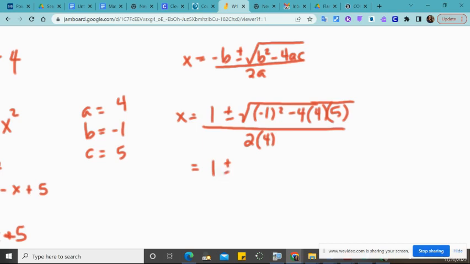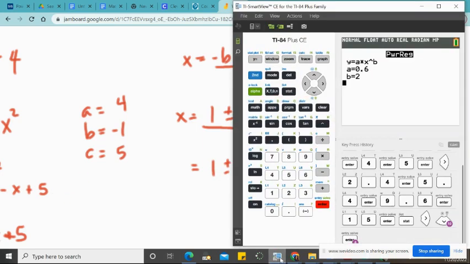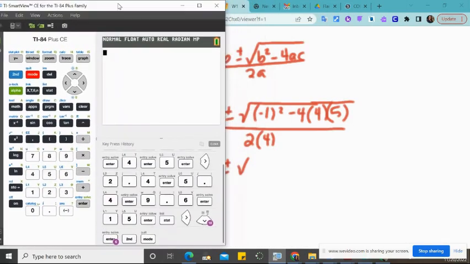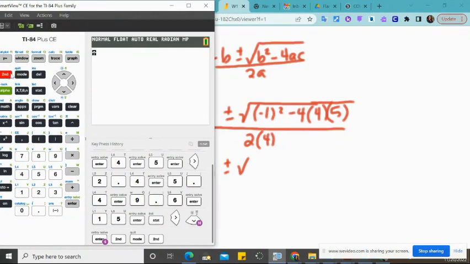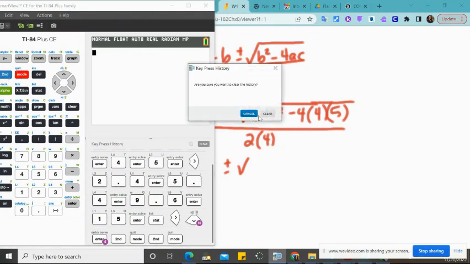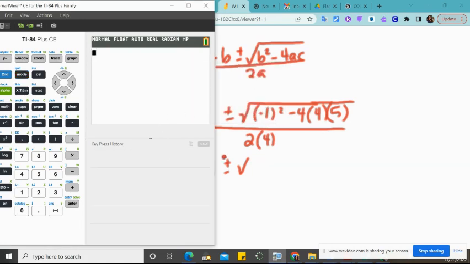Simplify this. Let's see. I don't have a calculator in my hand. I guess I could pull this guy up just to show you some stuff. Anytime you're on the home screen, if you hit second mode, that's the quit. And on the screen, I'm going to hit cancel, clear that out. All right, so I'm going to do parentheses, negative 1 squared minus.